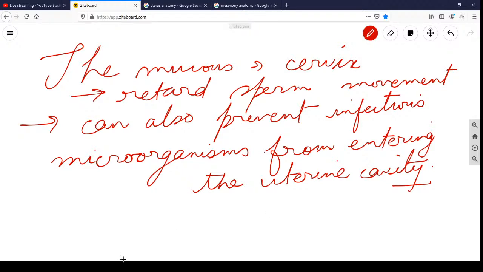It would invariably retard or obstruct their movement.